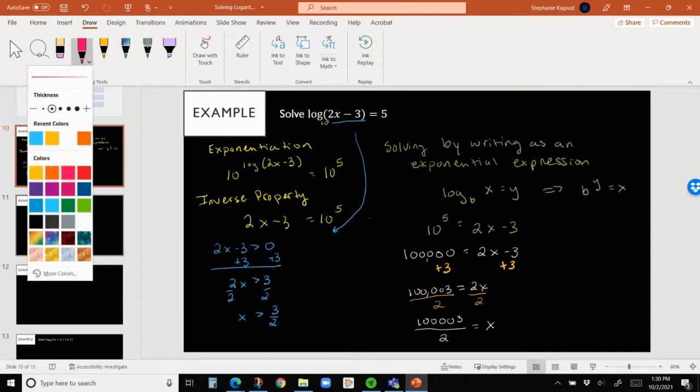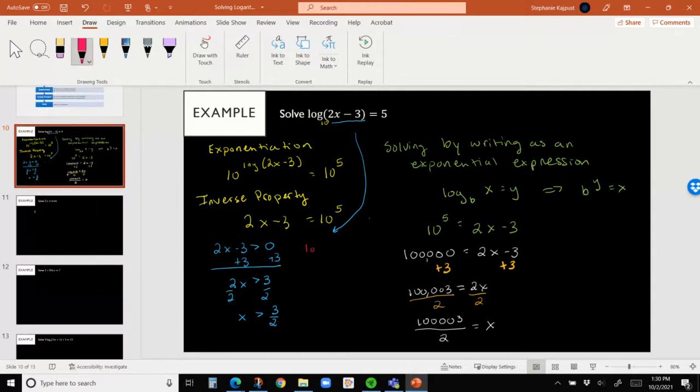So let's just pick another color. Let's check. So the log of 2 times this 100,003 divided by 2 minus 3. I just want to make sure that comes out to 5 because that's what we have in our equation, that it equals 5. So the 2 times the over 2, those cancel out.